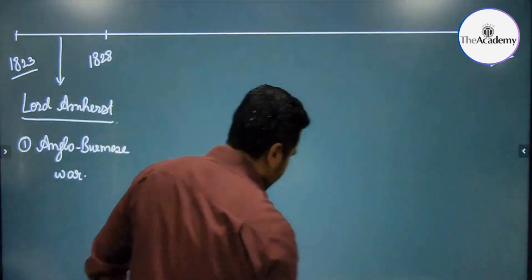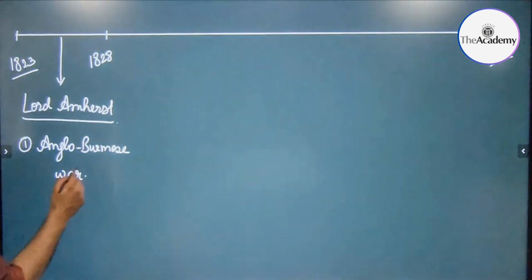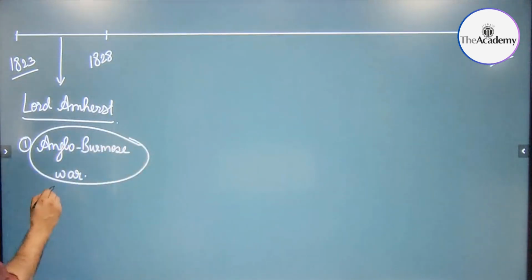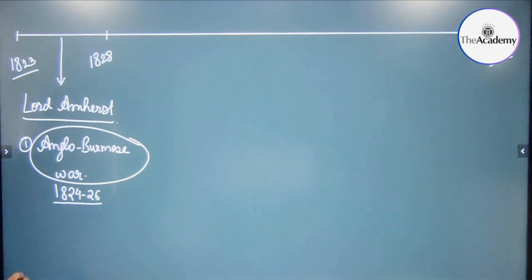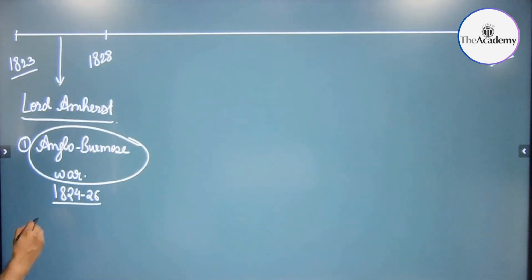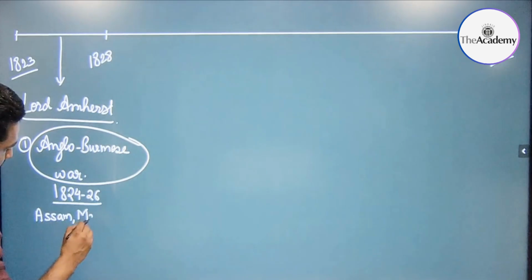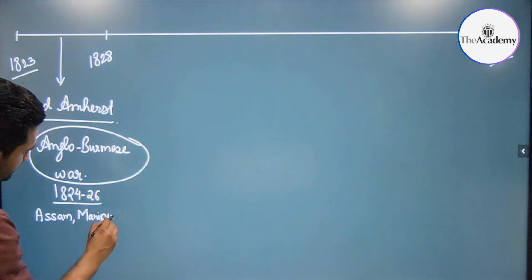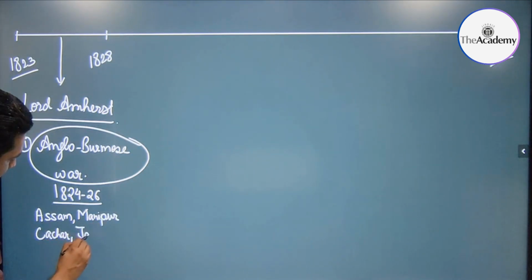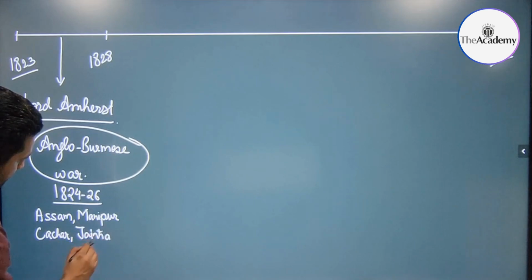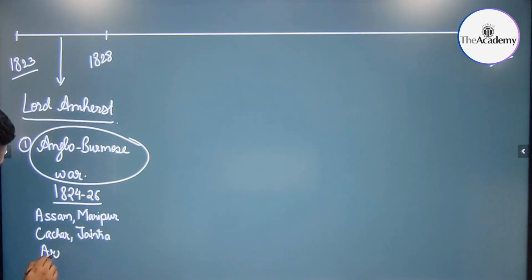So during the time period of Lord Amherst, we saw during the Anglo-Burmese War from 1824 till 1826, there was a further extension of English territory, and Assam, Manipur, Kachar, Jaintia, Arakan, and Tenasserim.